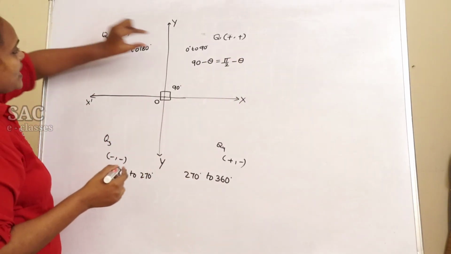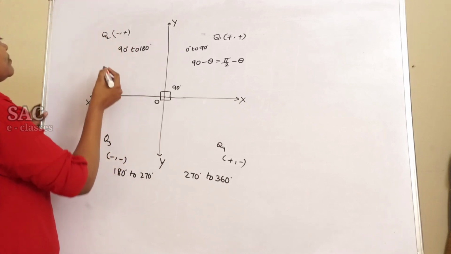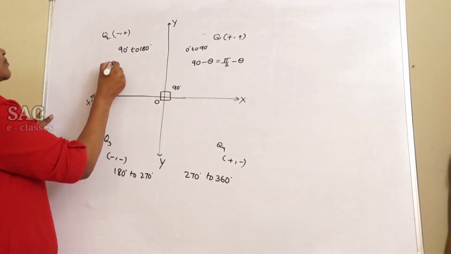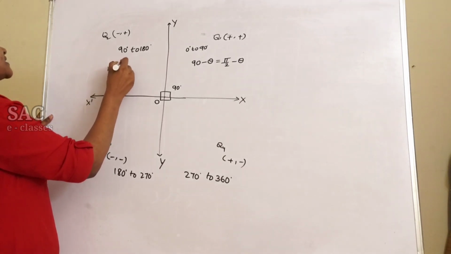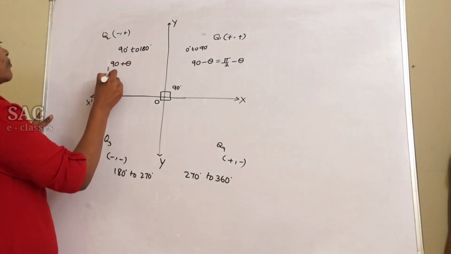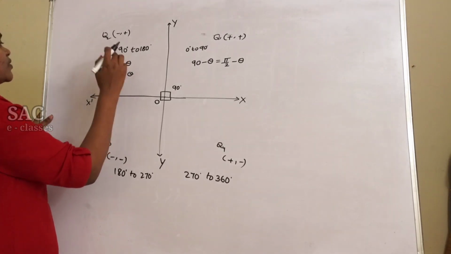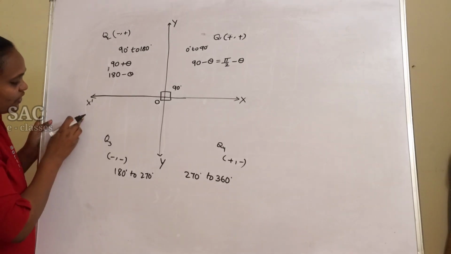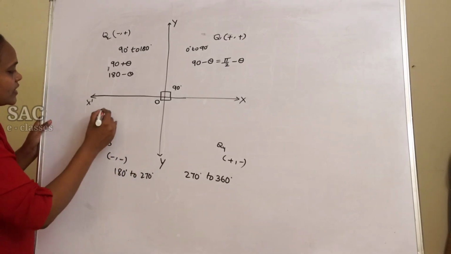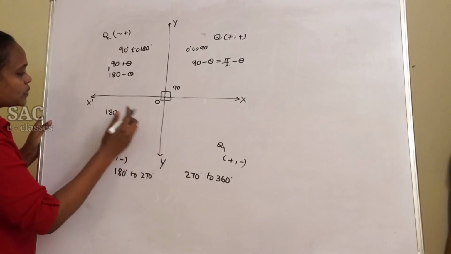Coming to the next, above 90 but below 180 will be the second quadrant. Can we write it as 90 plus theta and 180 minus theta, meaning below 180, above 90. Now, if you observe the third quadrant, it is somewhat above 180 degrees because it is 180 to 270.